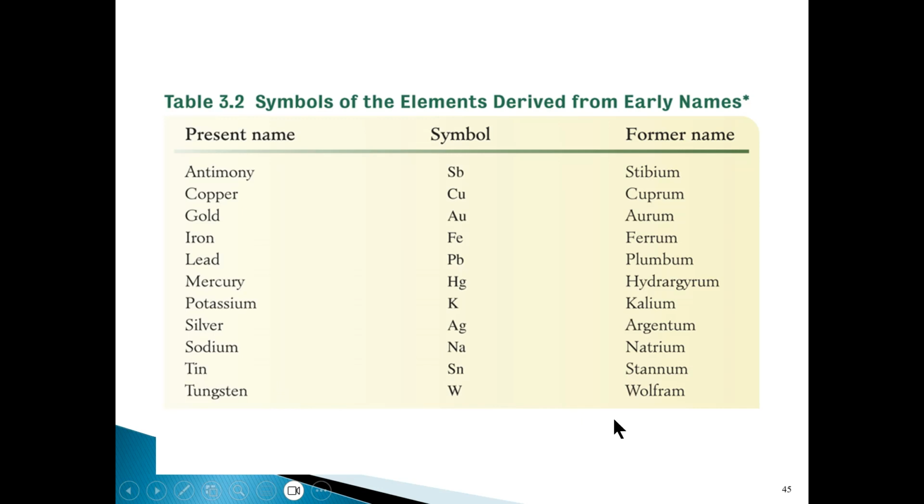So the symbol for iron is actually Fe, because the former name of iron was ferrum. All right, so that's basically why we observe that disparity, in some cases, between some symbols and their current name in English.